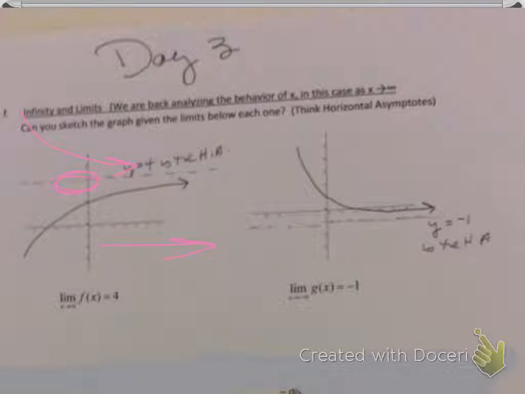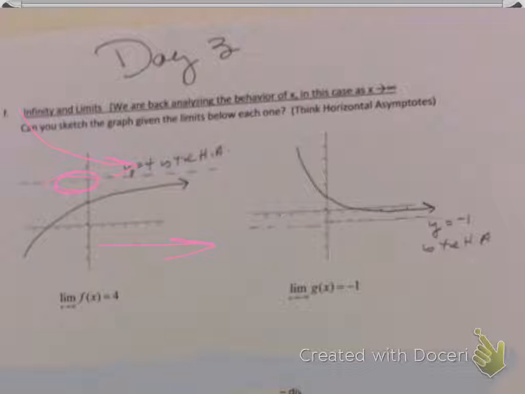So basically what you're identifying is a horizontal asymptote. If the horizontal asymptote is at y equals 4, then you have demonstrated the limit of f of x as x goes to infinity is 4.